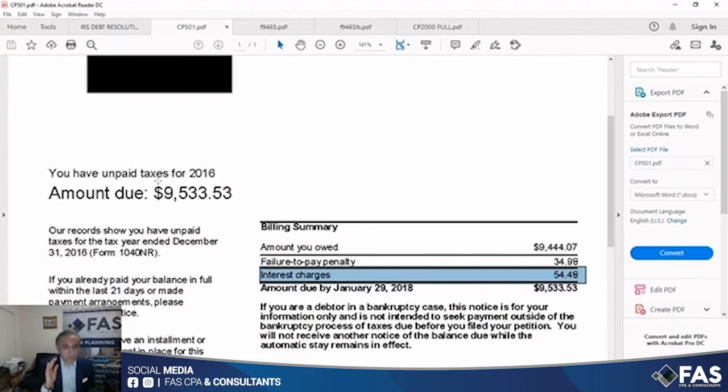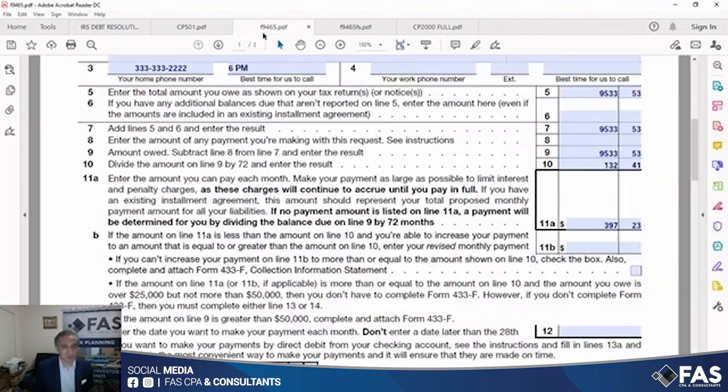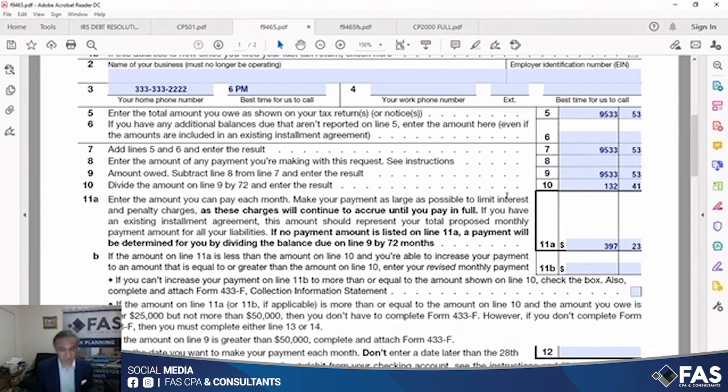But remember, you only do an offer in compromise with a CPA, an attorney, or an enrolled agent when you are broke, when you are in economic calamity, or you are unemployed for many months, or your income is so compromised that there is no way that you can afford to pay this amount of money, $397.23.